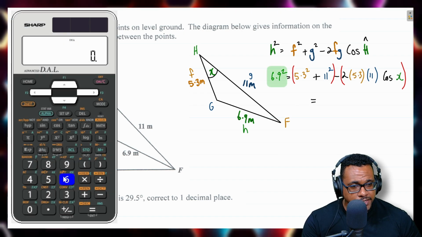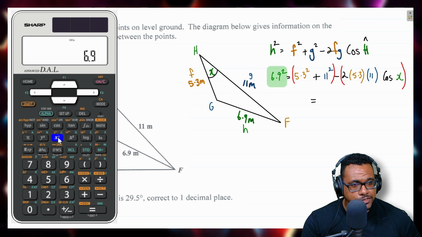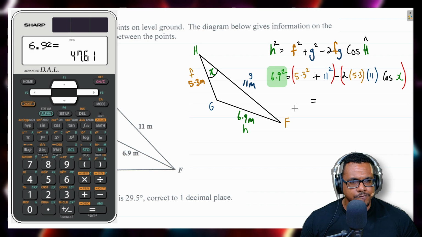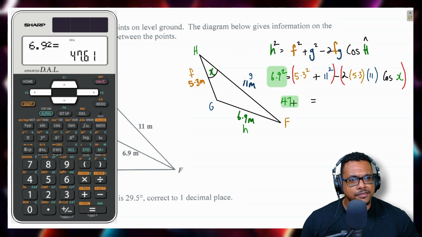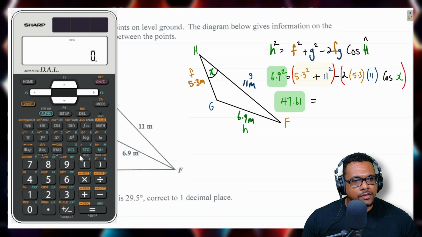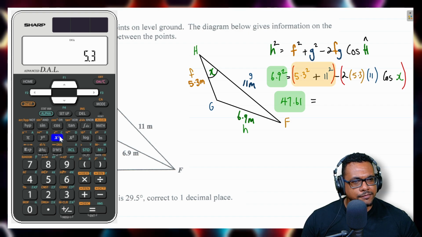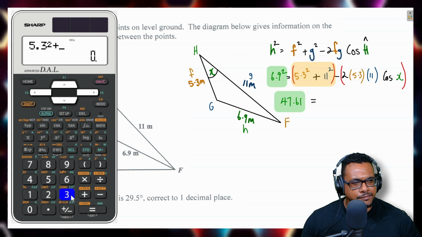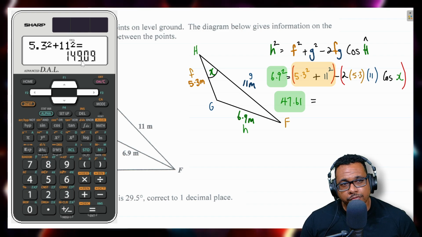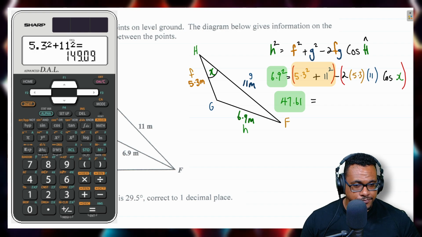So I'm working out the 6.9 squared. So 6.9, we square that. We get 47.61. Then we have 5.3 squared plus 11 squared, and we get 149.09.